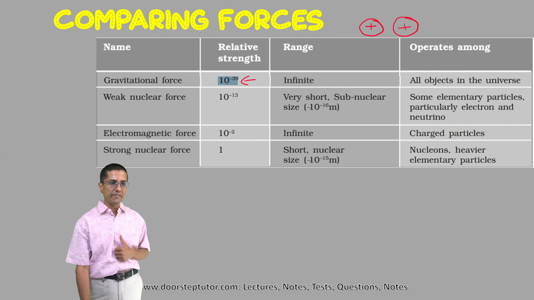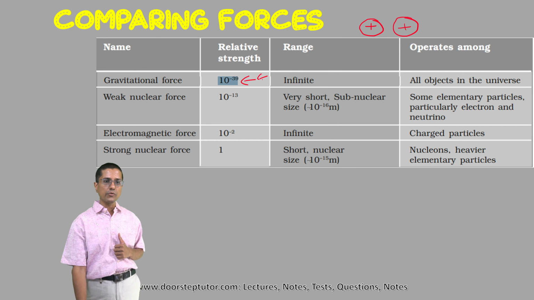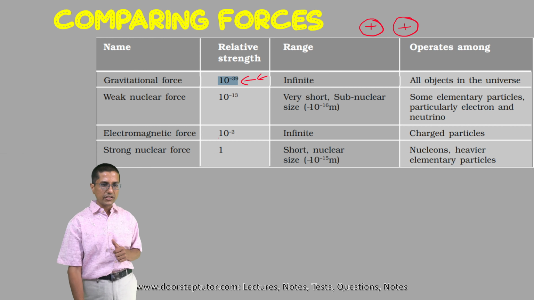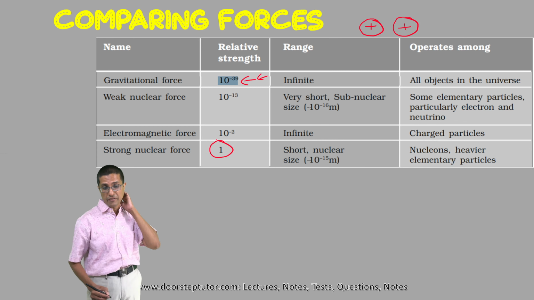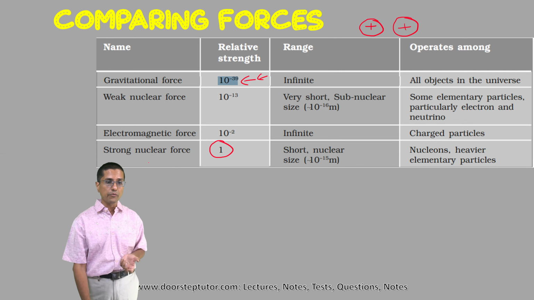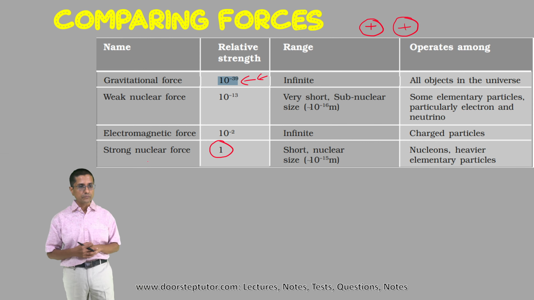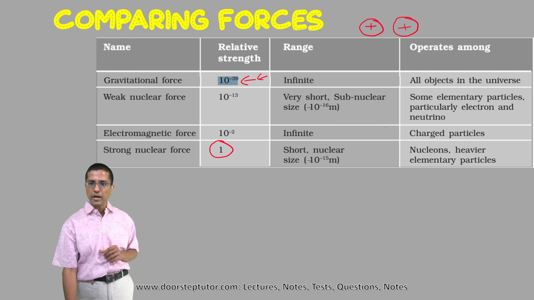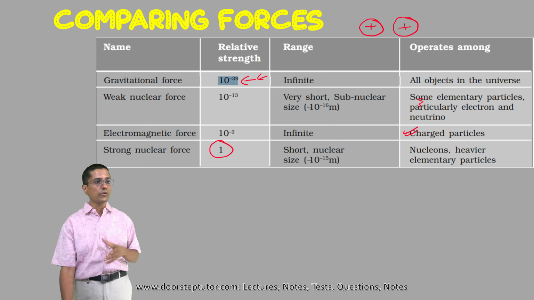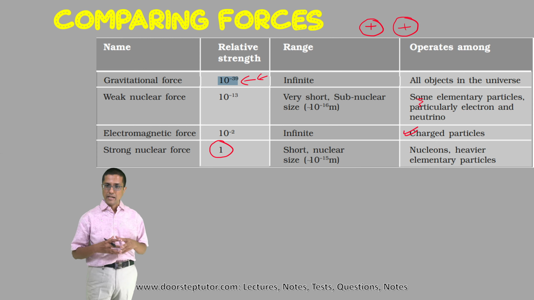If we compare it that way, the gravitational force turns out to be extremely weak, and the strong nuclear force turns out to be very strong, right? Range is given, and then the particles on which these forces actually act. For electromagnetic force, of course, you need charges. It does not happen between any two particles.